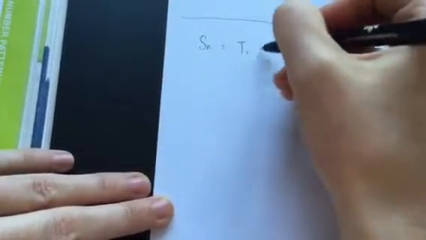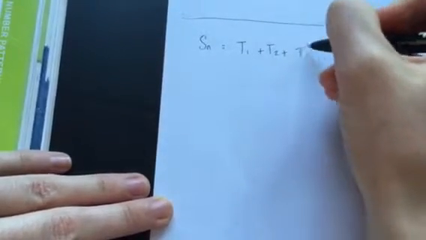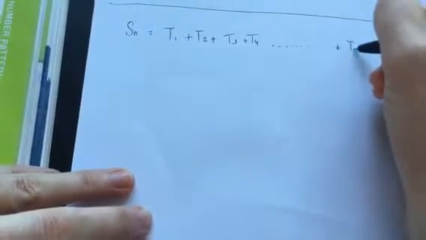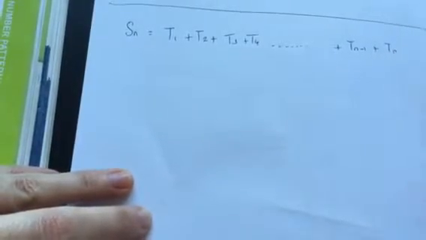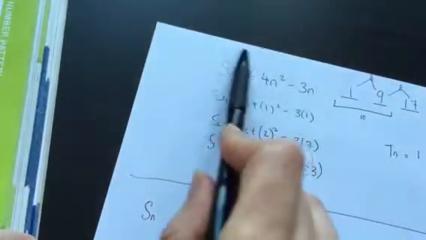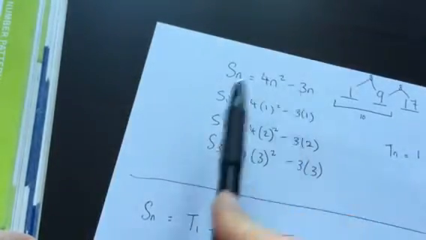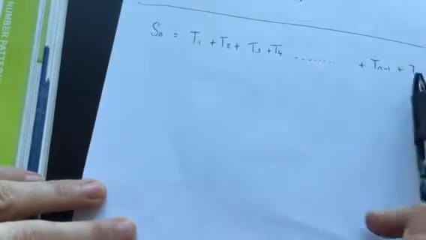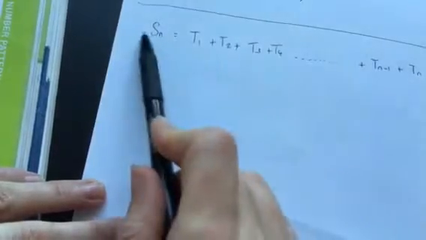So if you were to generally look at Sn, it is made up of term 1 plus term 2 plus term 3 plus term 4 plus, in a very general way, your second last term plus your last term. They might give you the formula for Sn and you can work all this out, but it's good to know that Sn is made up of T1 plus T2 plus T3 plus T4 all the way up as far as Tn.